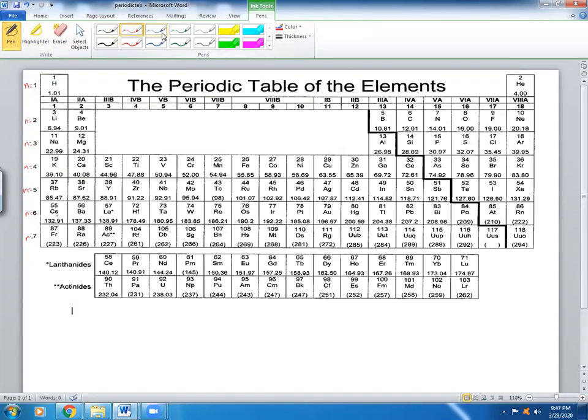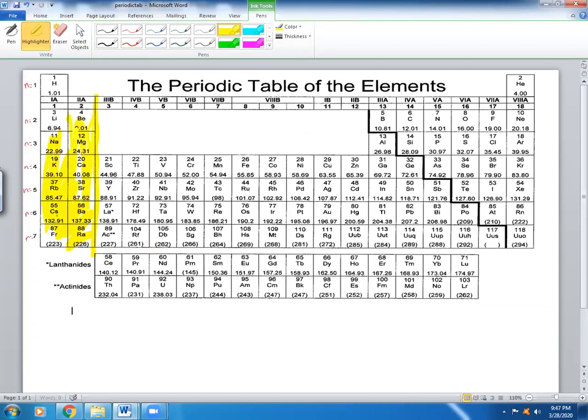All right, now here's what you want to do. Next thing you want to do is, if you have a highlighter or anything to divide, divide the periodic table into sections. And I'm going to color this right here.